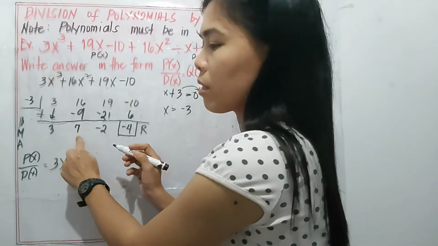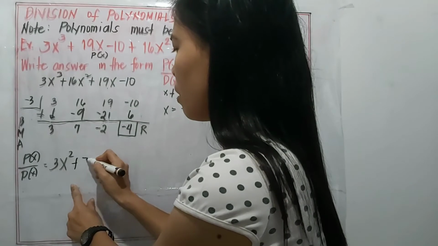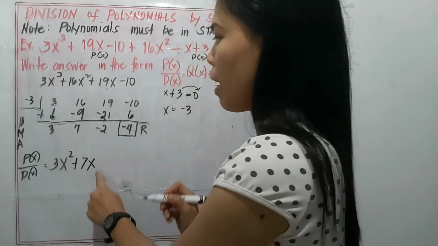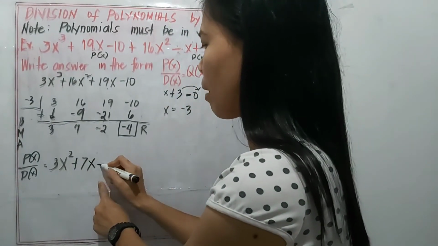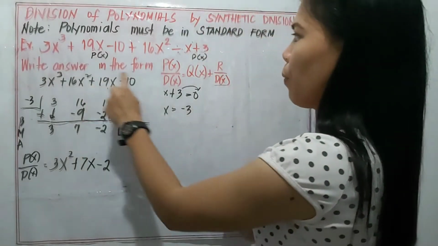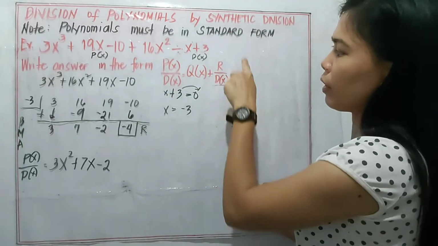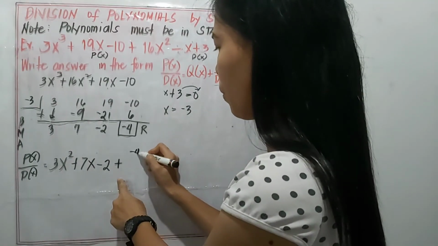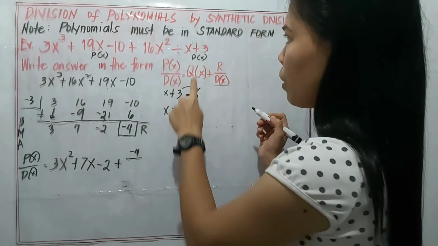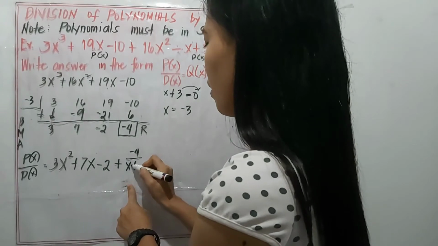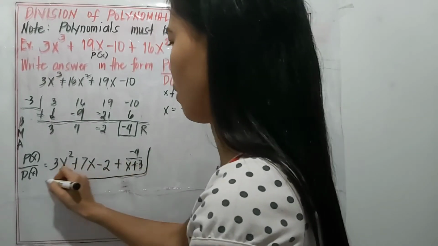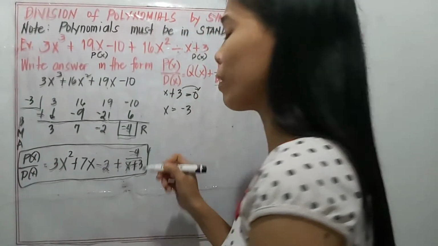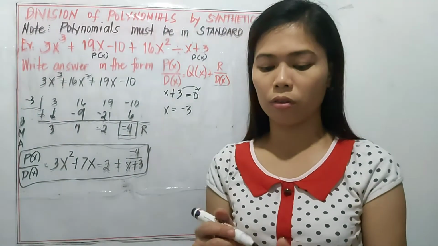And then copy positive 7, so plus 7x. And then negative 2, kaya magiging minus 2. In our rule, we are going to write it this way, so plus our remainder, negative 4, over the divisor, which is x plus 3. This is our final answer. You may always check using the long method or long division.